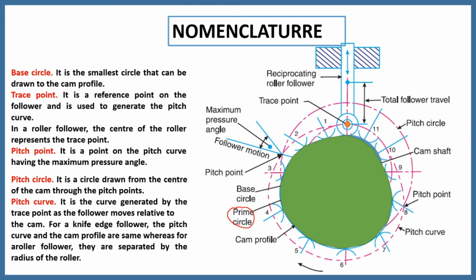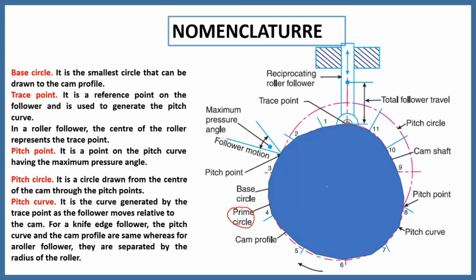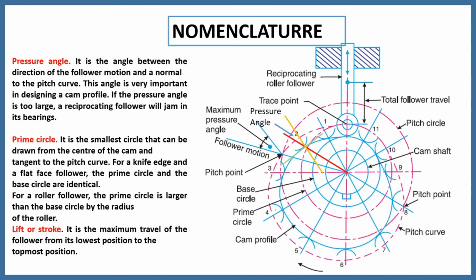Next, this is the cam profile. This is the total cam profile. Next, this is the pitch curve, which is generated by the trace point. Next one is the pressure angle, which is very important. Here, there is a contact between this roller and the cam profile.